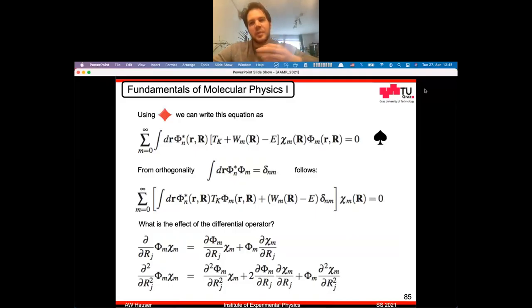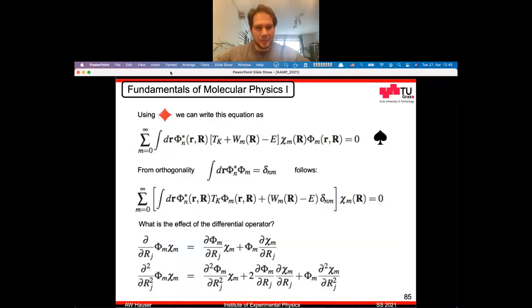And the corresponding energy eigenvalue, which describes the electronic energy, is this term we denoted as W. Wm of R is the corresponding eigenvalue for the electronic state phi m. Note that it's not just a scalar value, but it is a potential surface because it's still dependent on the actual nuclear coordinates, right?